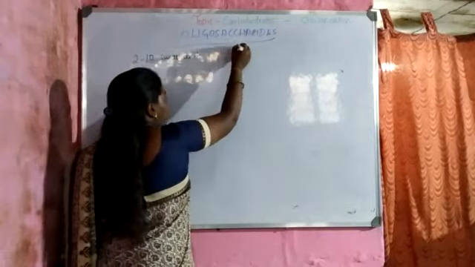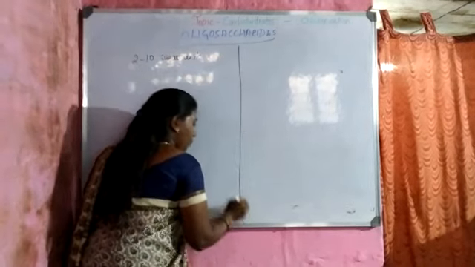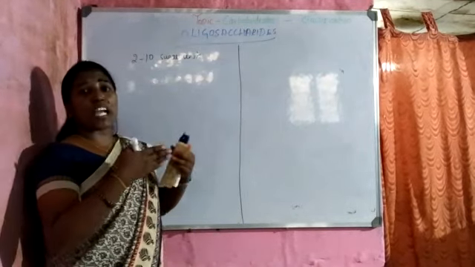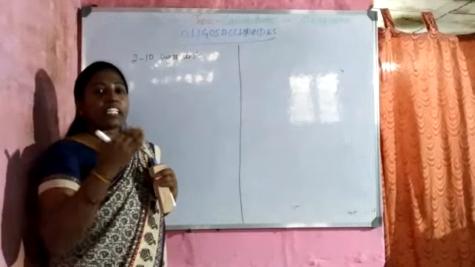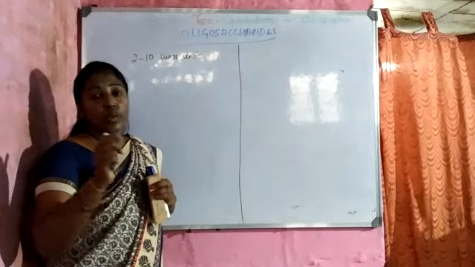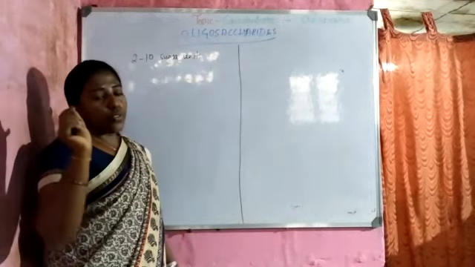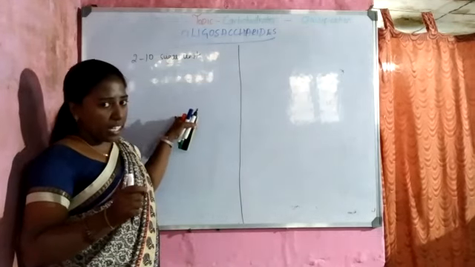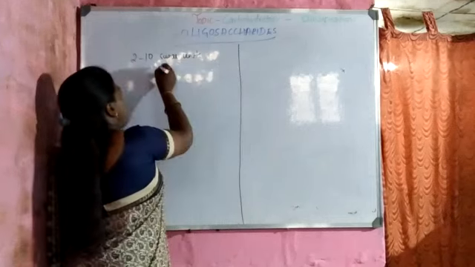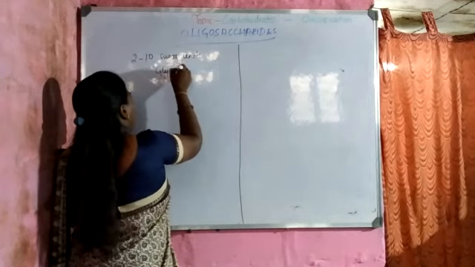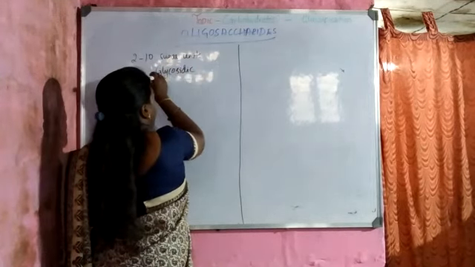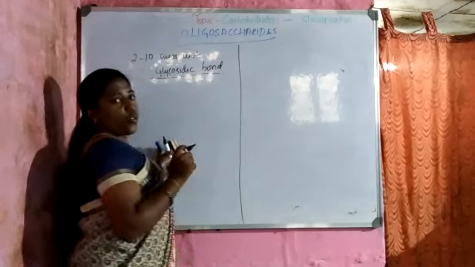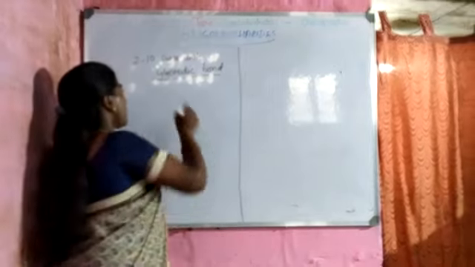As oligosaccharides are made up of 2 to 10 sugar units, they will be joined with one another by the formation of glycosidic bonds. So the bond found in oligosaccharides is the glycosidic bond. The sugar units are connected with one another by the chemical bond called which one? Glycosidic bond.